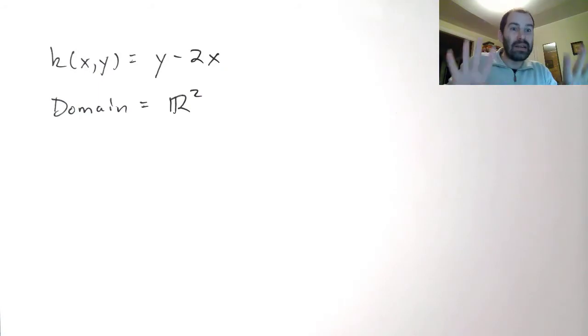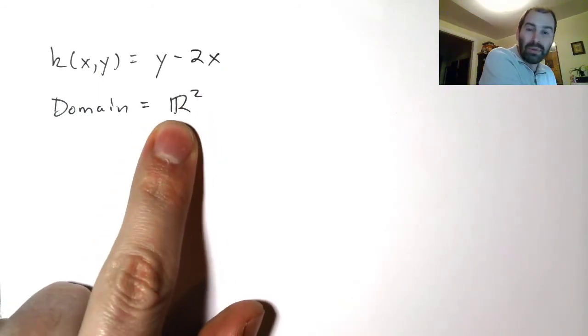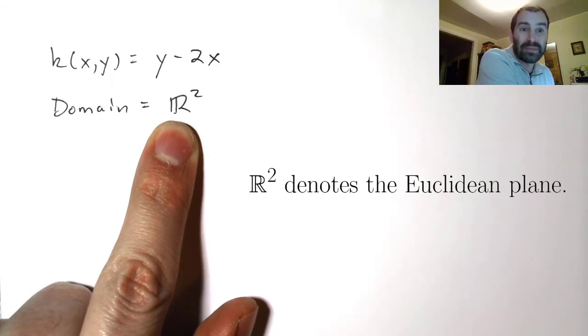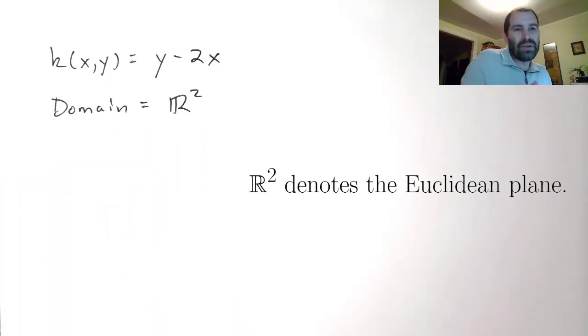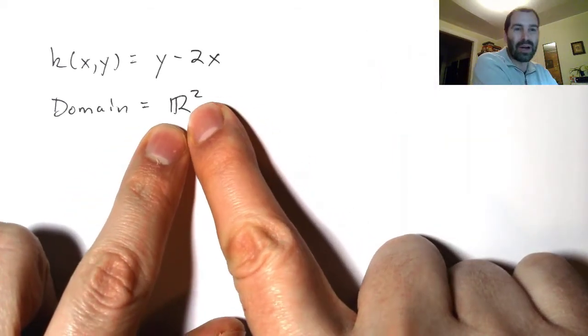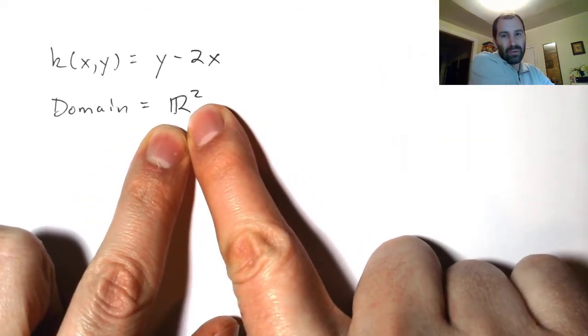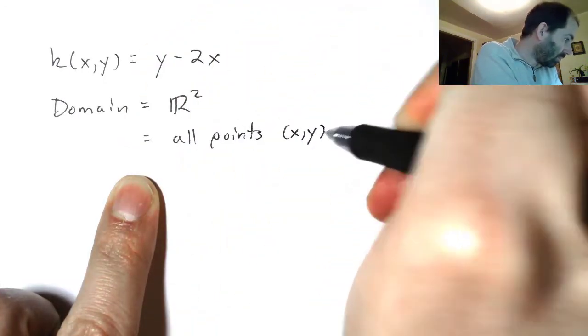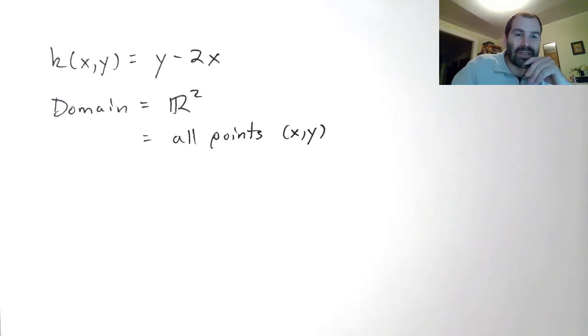That's the Euclidean plane. This is a symbol to represent the Euclidean plane. This is the set of all points. So it's silly to use set builder notation here when you could just write it as simply as this. So this is probably how you'd write it. I mean, if you did want to write it out in words, you could write this. All points x comma y.